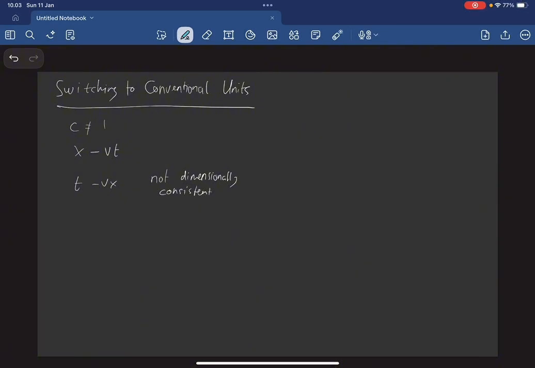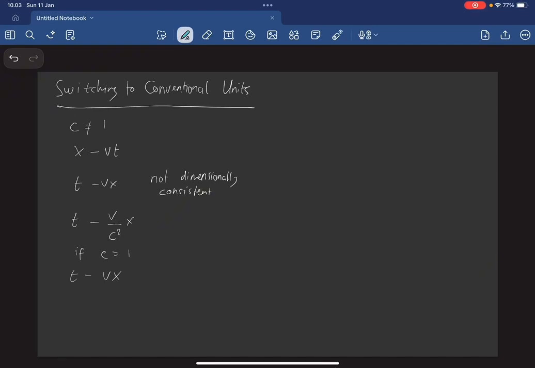Instead of t minus vx, we replace it with t minus v divided by c square times x. Now both terms have units of time, but if we happen to use units with c equal 1, it reduces to the original expression t minus vx. So if c equals 1, then this.